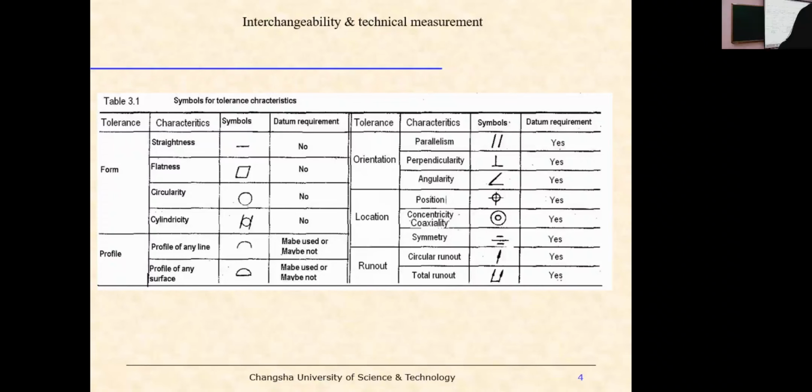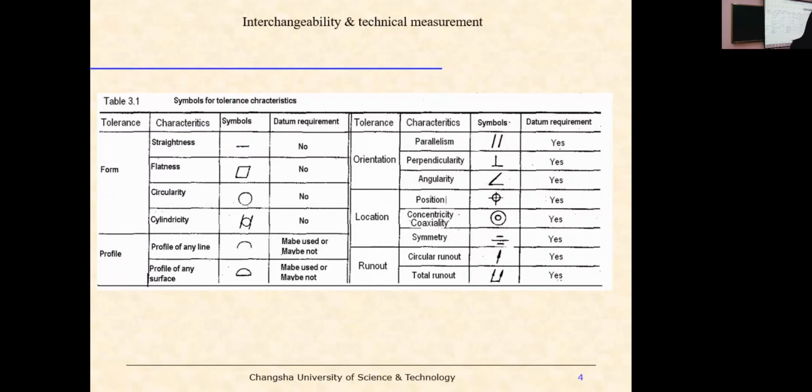Profile of any line, profile of any surface. This is not often used. And orientation: the parallelism, the perpendicularity, the angularity.